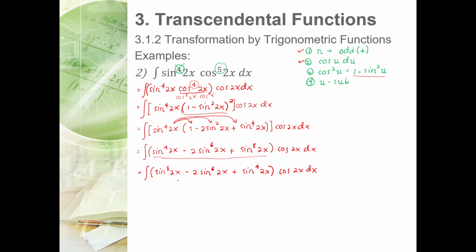Okay, so I think now we can use the u-sub technique. In the third step, we are now done. So in the fourth step you now use your u-sub technique.